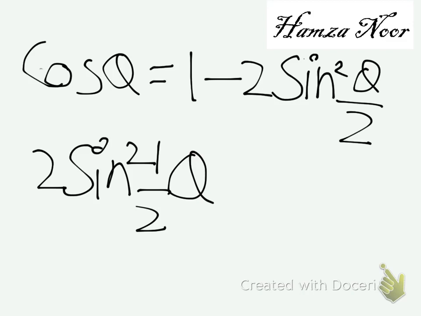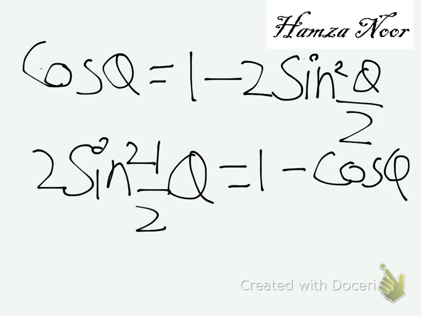Actually the question is not very lengthy, but the working which I am doing here in order to explain it to students is a little time consuming, and I don't have much space, so that's also an issue. 2 sine squared half theta equals 1 minus cos theta.